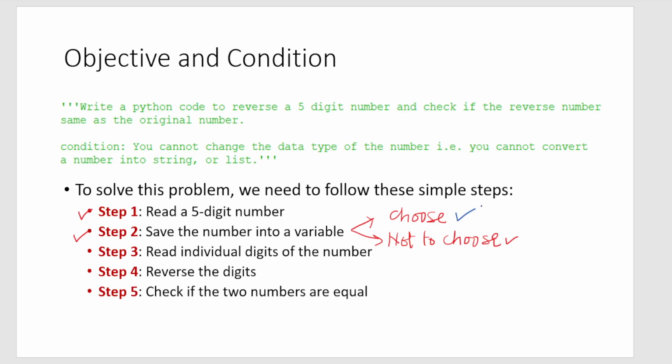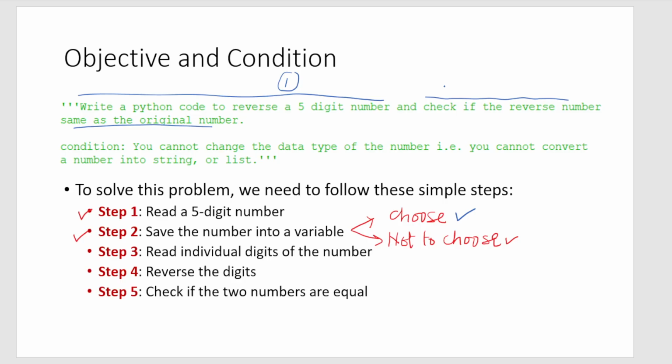This program has two parts. The first part says write a code for a number to reverse it. The second part says check if the reversed number is the same as the original number.